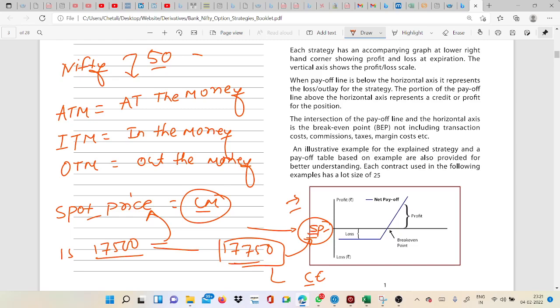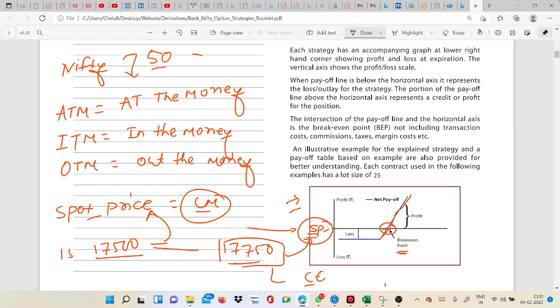If the market price, meaning the spot price, breaks through this, this area will be the break even point, so that your strike price is broken by the market price.